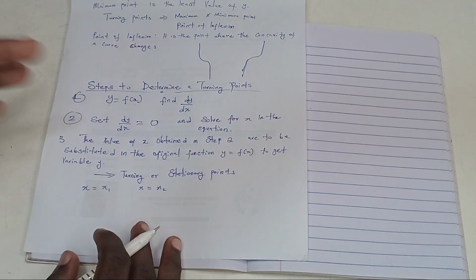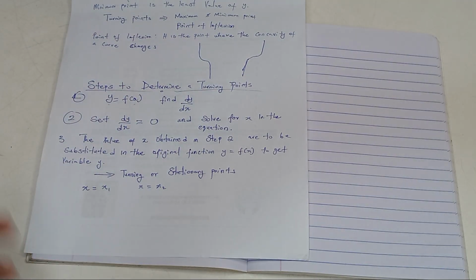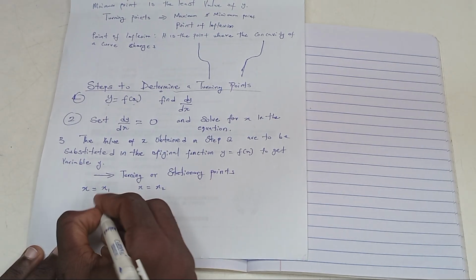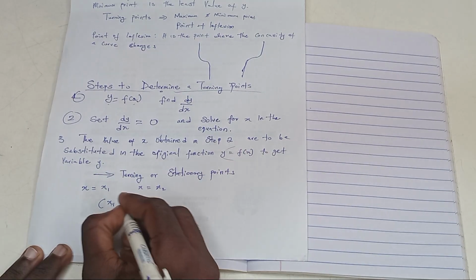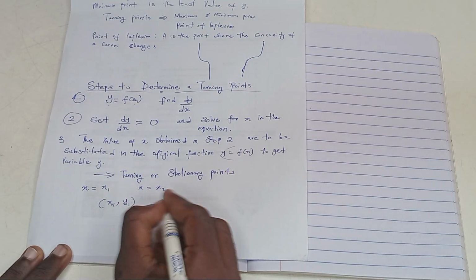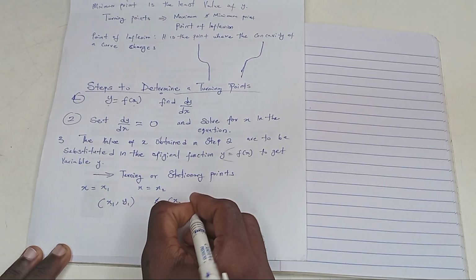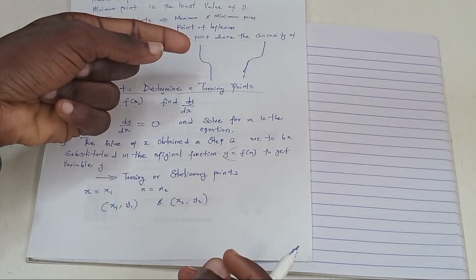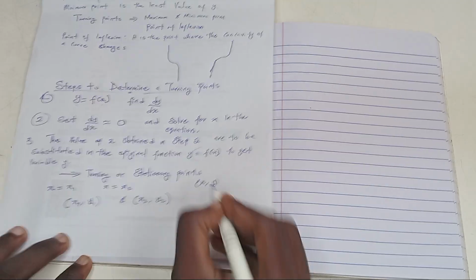But if what you have at first is a quadratic equation, your dy/dx will just give you a linear equation, so you only have one value of x. With the cubic, if you substitute x1 inside this function of x, you have x1 comma y1, and if you substitute x2, you have x2 comma y2. These are your stationary points. But if it's only one and you substitute inside that one, you just have x comma y.